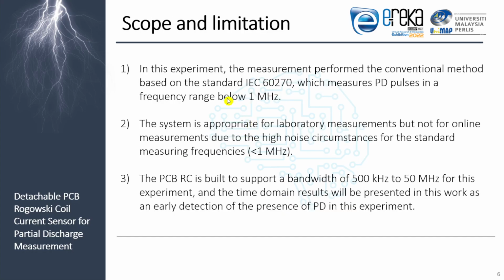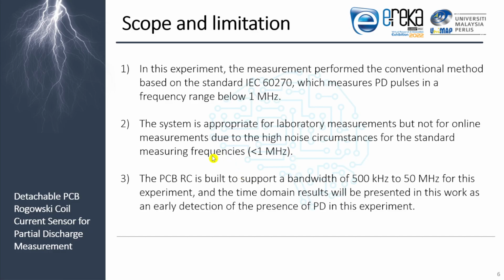So there is a limitation in our project. These experiments we conduct under the standard of IEC 60270, which measures PD pulses in the frequency below 1 MHz, and the system is appropriate for laboratory measurement only, but we can use it in the real site.